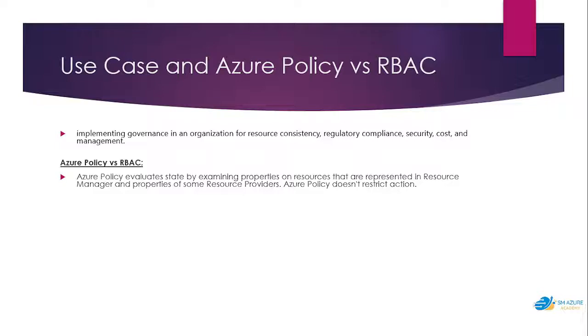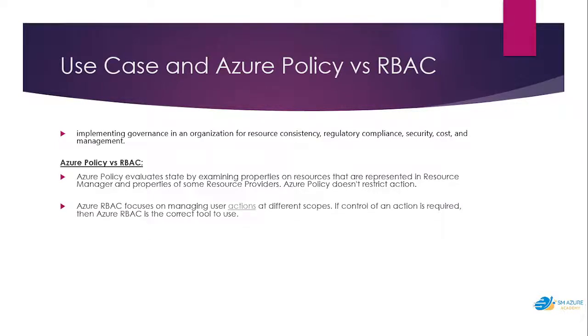It's just evaluating the properties against the business rules, which is your policy definition, and you can see the compliance of those resources. Also, with remediation tasks, you can do a bulk remediation of what you need to do, like the one example we saw, apply a tag on all the existing resources. But it doesn't restrict any action itself.